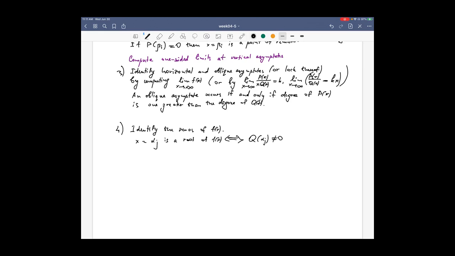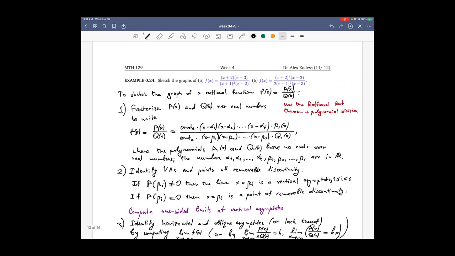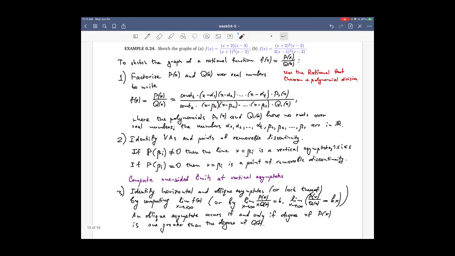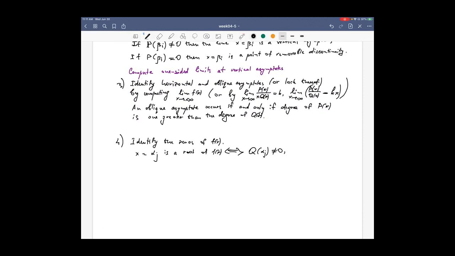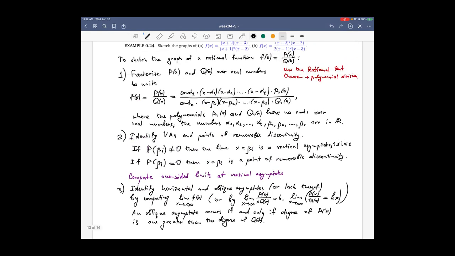In other words, if and only if alpha j is not equal to any of the betas. J here from 1 to s.